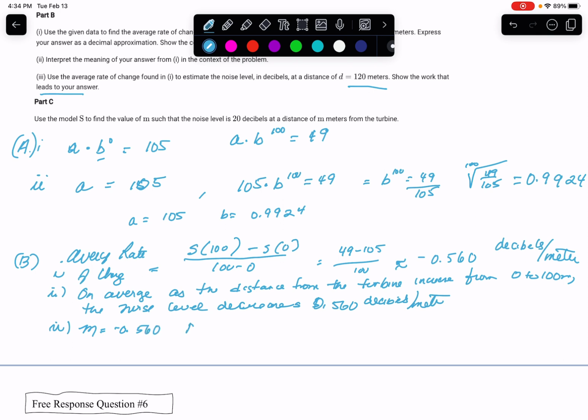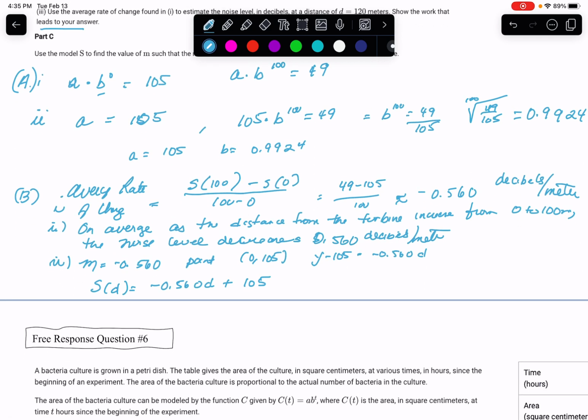And if we use the point 0, 105, we can say that Y minus 105 is equal to negative 0.560 D. So writing it as S of D would be equal to negative 0.560 D plus 105. I kind of had room on my page, but I'm going to put C now.